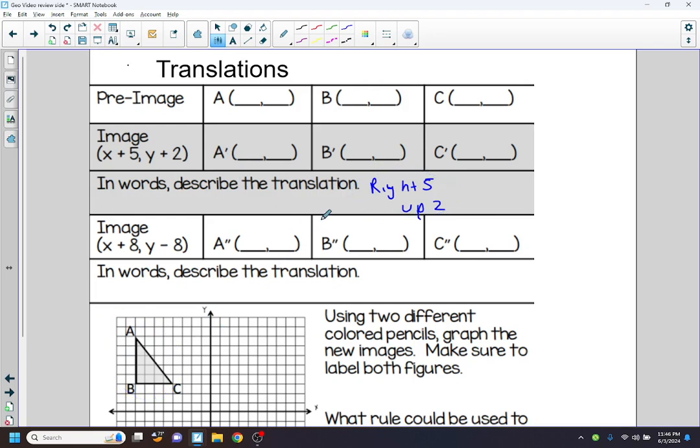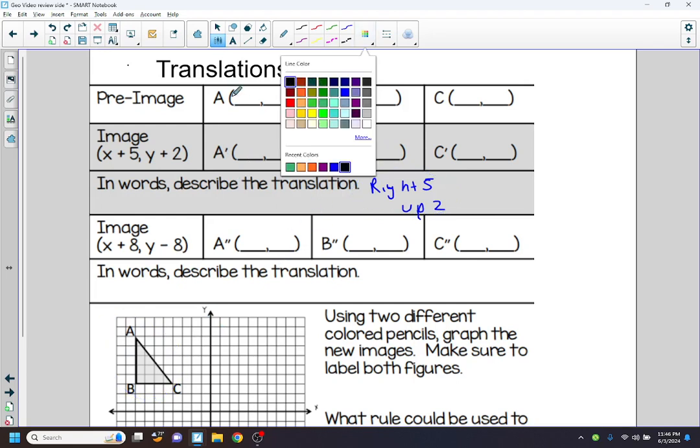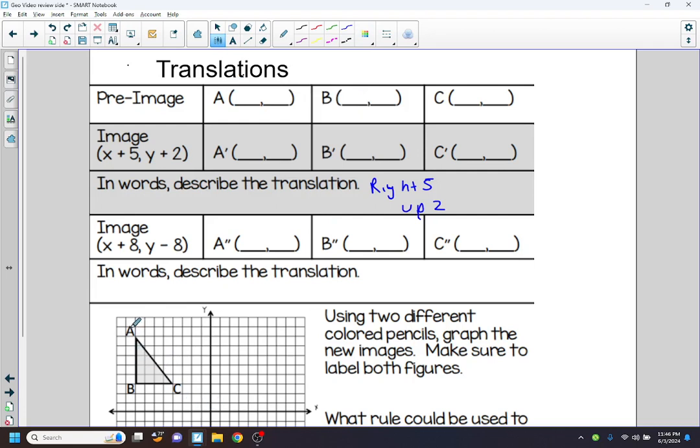So what does that even look like? What's the process of that? First off, I need the pre-image. The pre-image is this picture over here, so we want to figure out what this is. From here, I'm counting 1, 2, 3, 4, 5, 6, 7, 8. I went 8 left, so that's negative 8. Then 1, 2, 3, 4, 5, 6, 7, 8, that's 8 up.